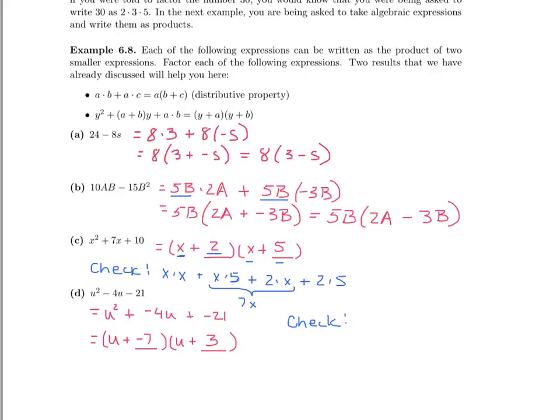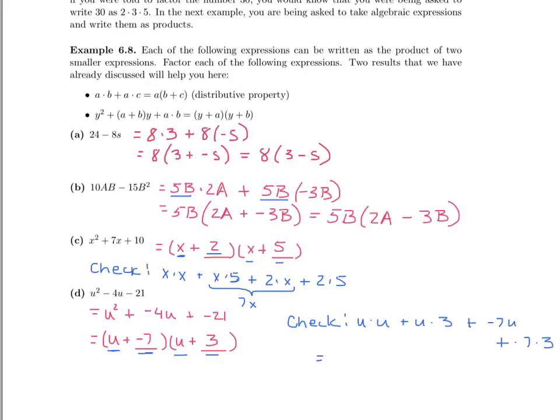Let's do what we did in the last example and do a check here. So I check my answer by going back and multiplying this back out. I make sure that each term in this sum multiplies each term in this sum. So the u here has to multiply both the u and the 3, so I have u times u plus u times 3. Now the negative 7 has to multiply the u and the 3. So I have plus a negative 7u plus negative 7 times 3.